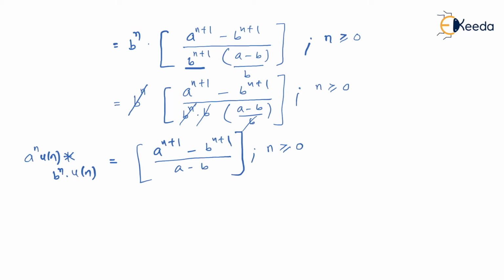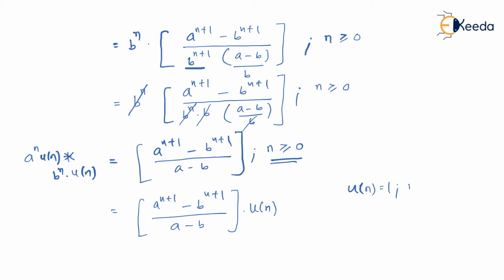So if you don't want to mention this n greater than or equal to 0, you can rewrite the whole term as a to the power n plus 1 minus b to the power n plus 1 whole divided by a minus b dot only u of n, because we know that u of n is always equal to 1 for n greater than or equal to 0, and it is 0 when n is less than 0.